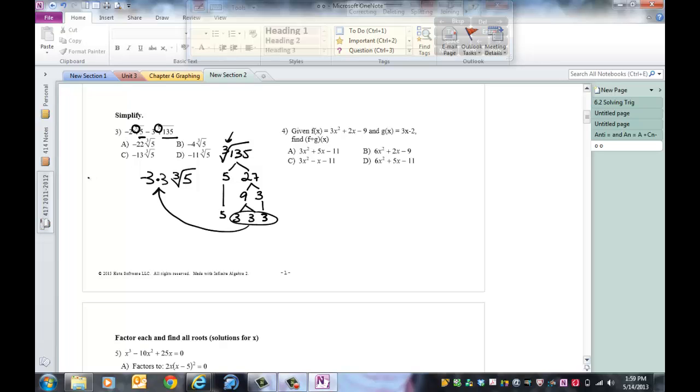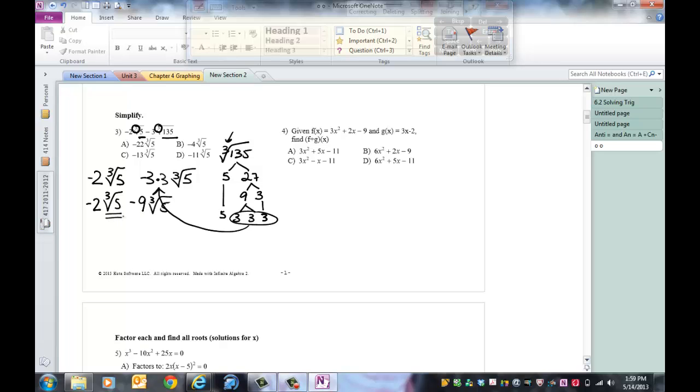In my original problem, I still had negative 2 times the cube root of 5, and there's my negative 3 times, and again, this second 3 came from that group of 3 that got pulled out. So now my problem turns into negative 2 times the cube root of 5 minus 3 times 3 is 9 times the cube root of 5.